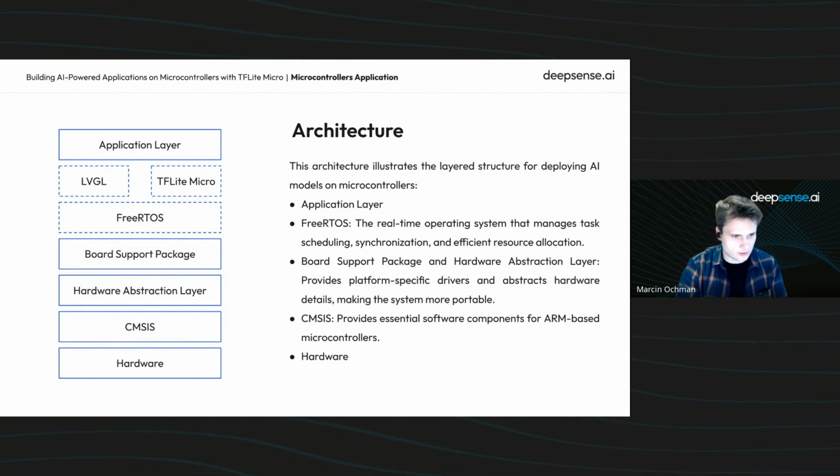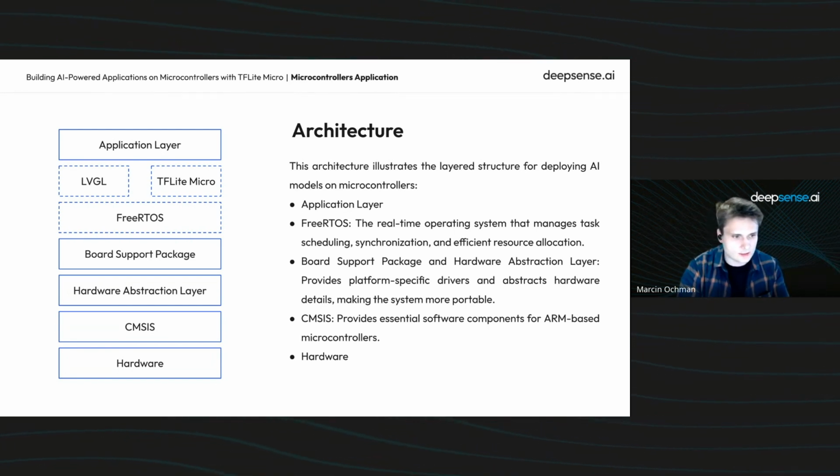The next level includes the hardware abstraction layer and the board support package. These components abstract the specifics of the hardware, making it easier to write portable and reusable code across different platforms.